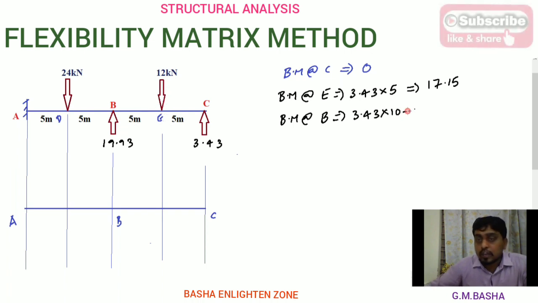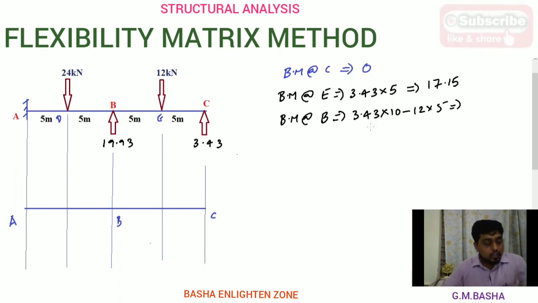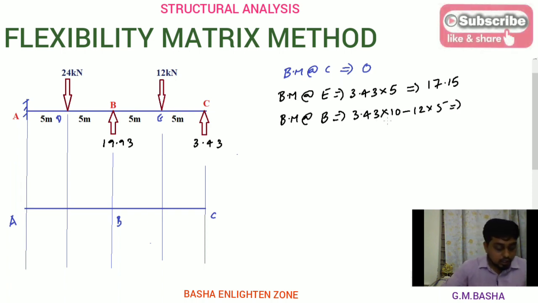For downwards I am taking negative 12 into 5. So if you simplify, minus 60 plus 3.43 into 10, which is 34.3. So minus 60 plus 34.3. How much will you get? Directly you will get minus 25.8.